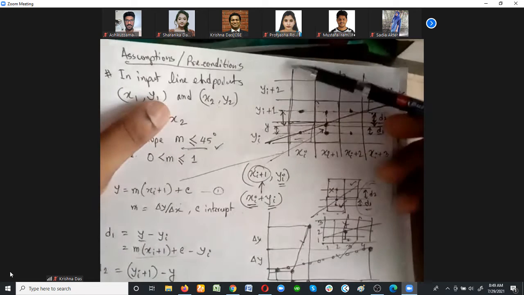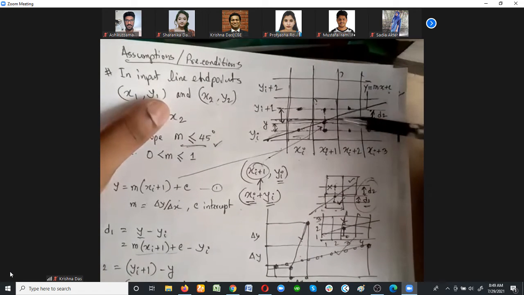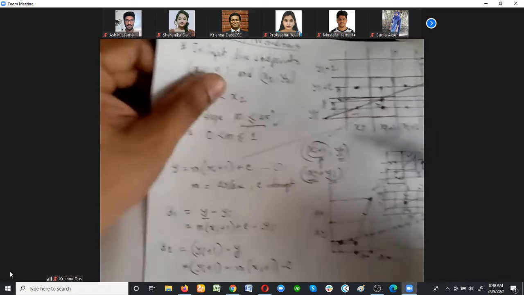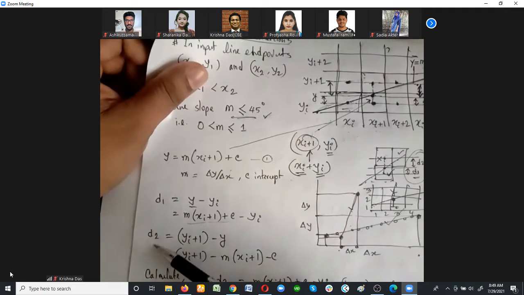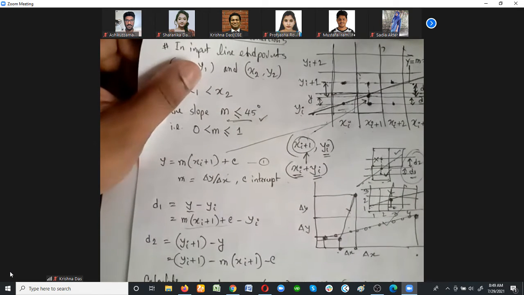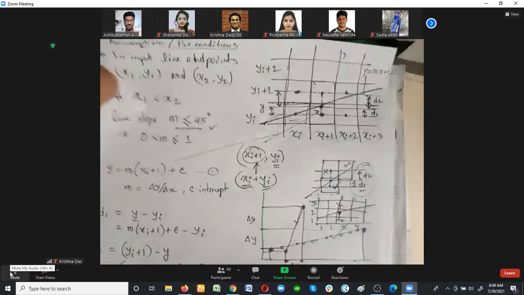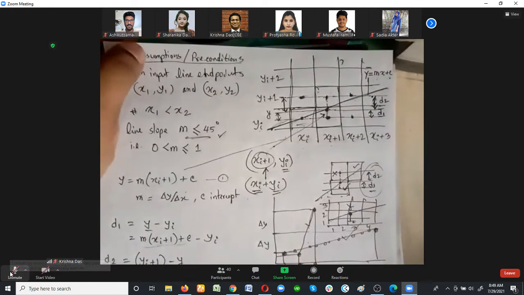That means it is related with the y, not the x. So both of these distances, d1 and d2, are y-related values. Does it make sense now? Yes, sir. Got it.